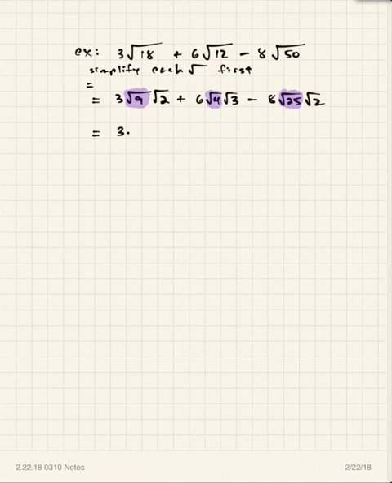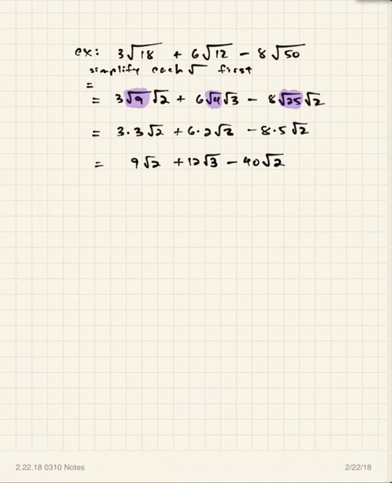And so this is 3 times the square root of 2, plus 6 times 2 times the square root of 3, minus 8 times 5 times the square root of 2. And so that's 9 times the square root of 2 plus 12 times the square root of 3 minus 40 times the square root of 2. And so notice in this case, the like radicals are the 2 square roots of 2.